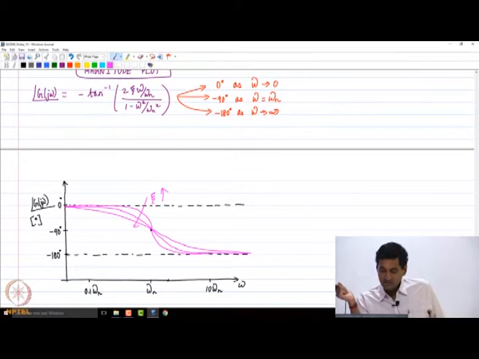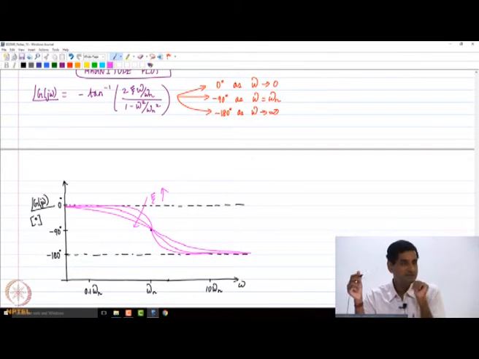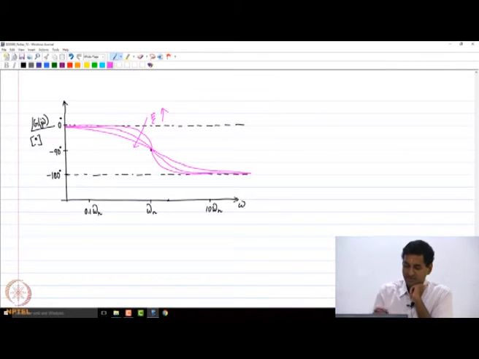So that is the phase of this particular second order transfer function, and if you consider the reciprocal of that, which is s squared plus 2 zeta omega n s plus omega n squared divided by omega n squared, what will happen? You will just get the mirror image right above the 0 decibel line. But I leave that to you as homework.